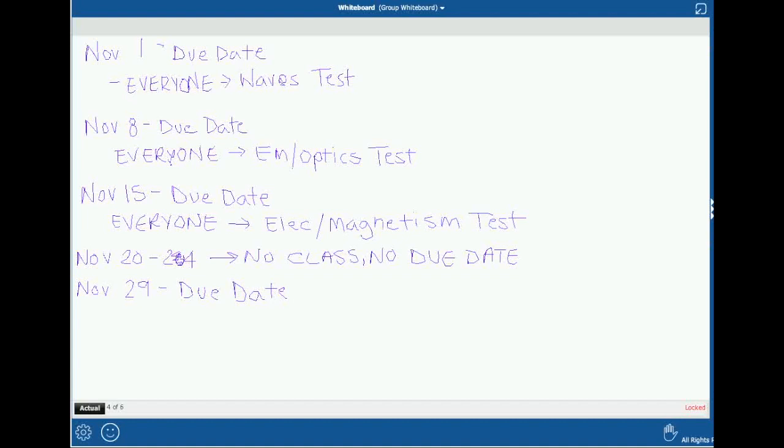Now, this is where it gets kind of weird. December 1st, which is the Friday that week, you guys do have a due date. This is your very last due date, and your nuclear physics test is due. And that's for everyone.